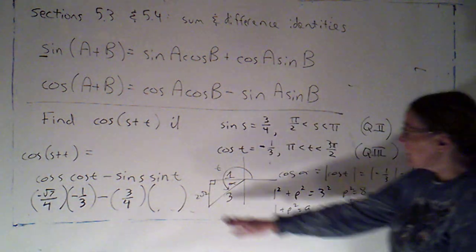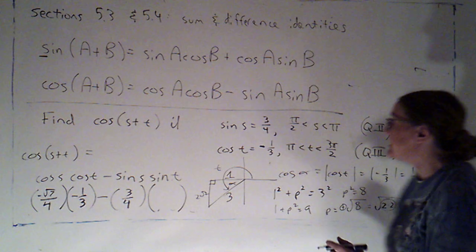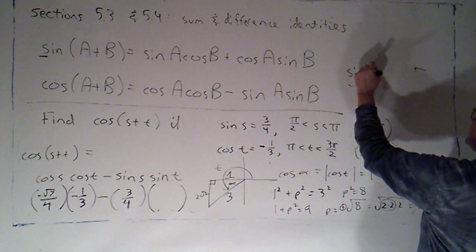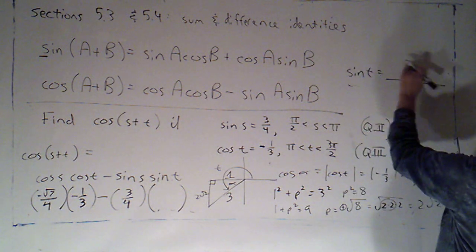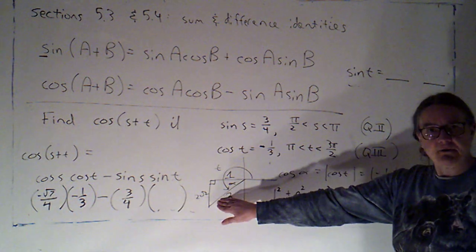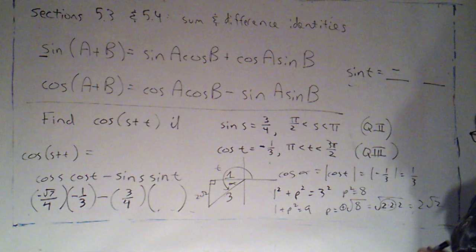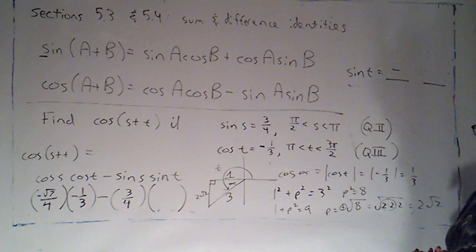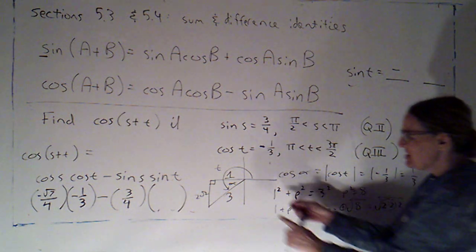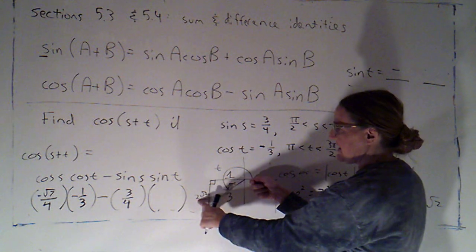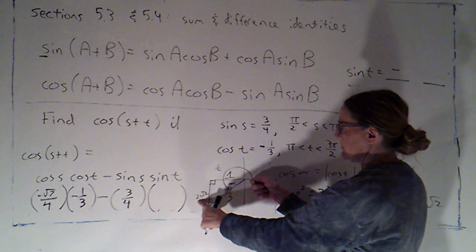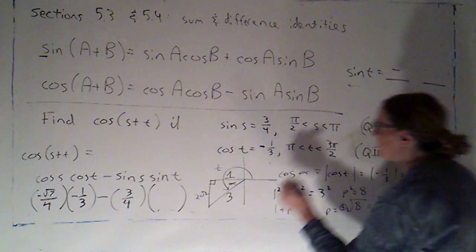So now I wanted to know what is sine of t. So again, I can do that as my two-step process. I'm in quadrant 3. So in quadrant 3, sine's going to be negative, and the absolute value that I will attach to that negative sign will just be sine of alpha, which would be the opposite, 2 root 2, over the hypotenuse 3.